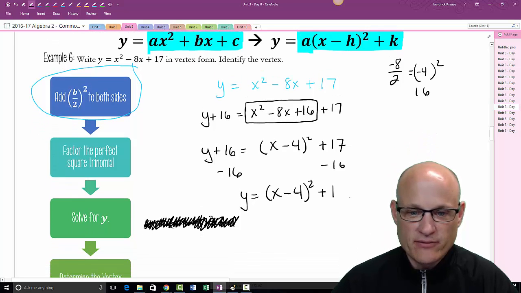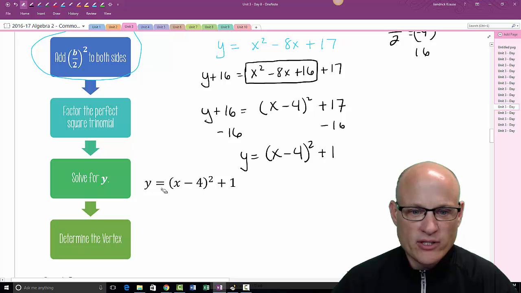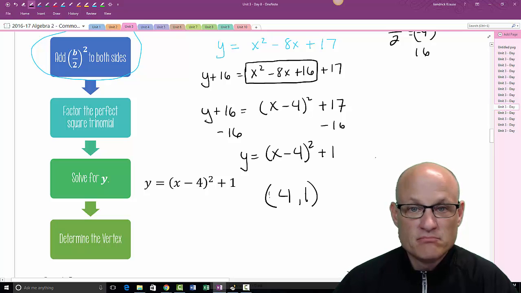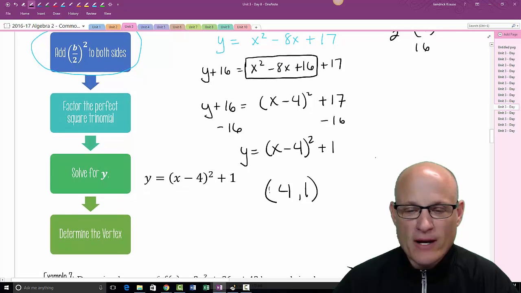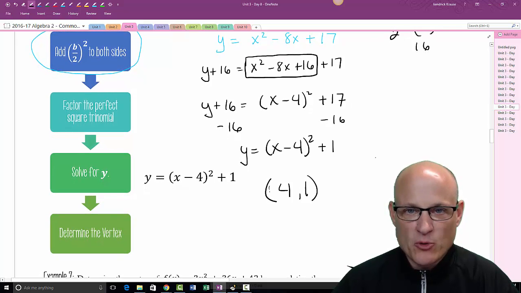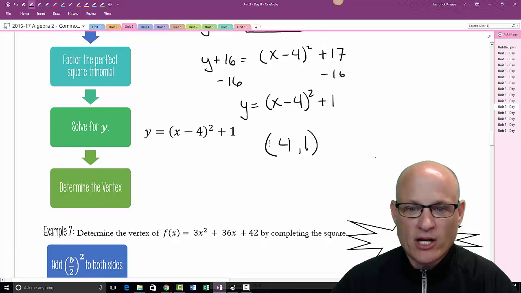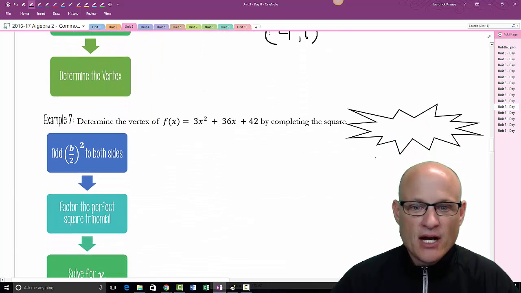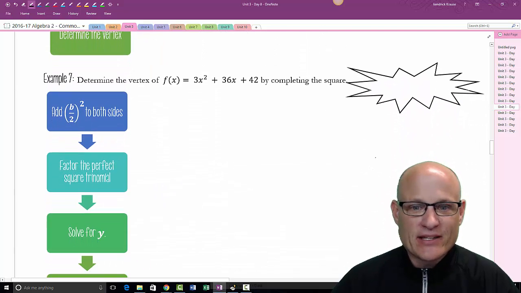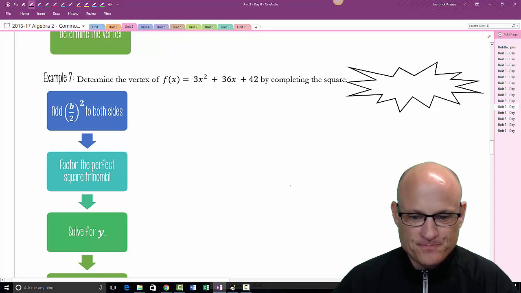And I believe that's what this is. I don't know why it was here, but there it is. So my vertex is (4, 1). There it is. That's it. I know it's a parabola going up. I know it moved to the right 4. It moved up 1, and it's going up at a normal rate. All right, so solve by completing the square.